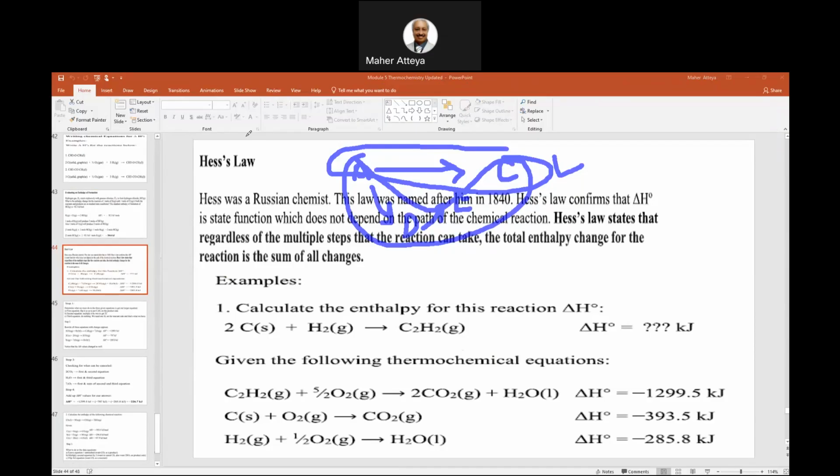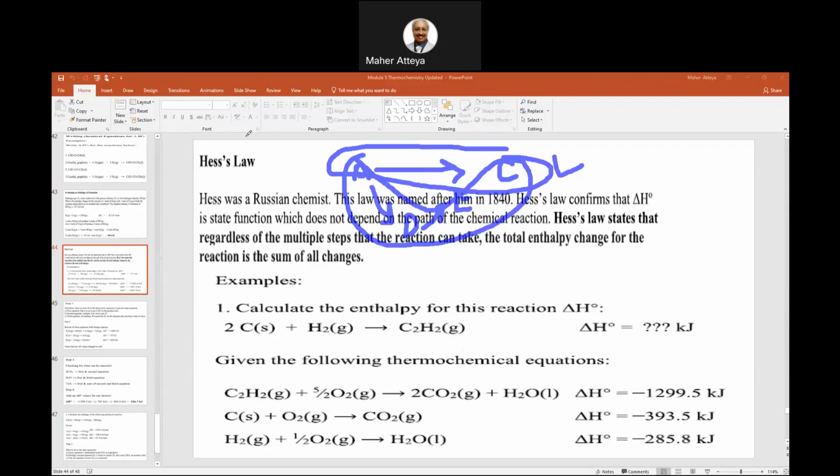This is the same way when we talked about intensive versus extensive properties of matter. Here, a state function means it will not depend on what type of chemical reaction or what steps the chemical reactions take. This does not change, correct?